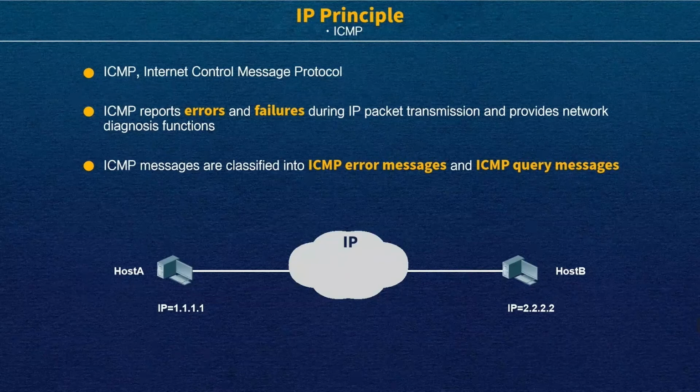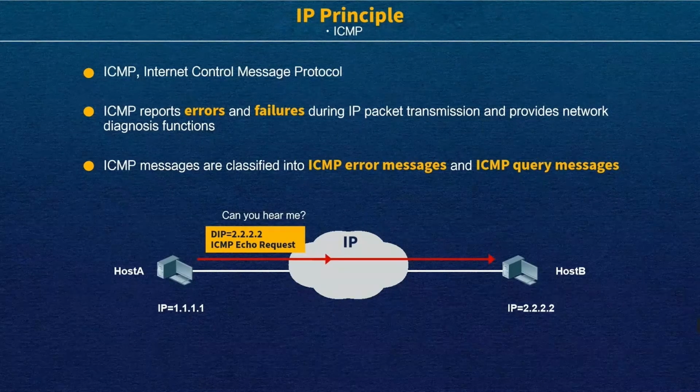After we successfully add all the network configuration, now we want to test the connection between host A and host B. Host A will send out the ICMP echo request. This function asks, can you hear me? And the destination IP is 2.2.2.2.